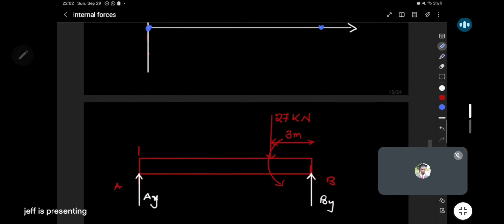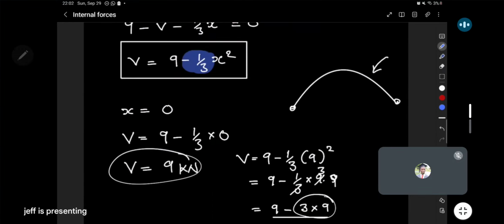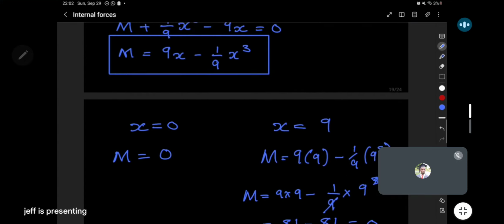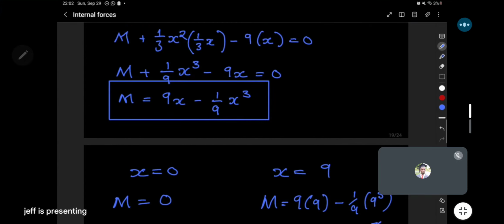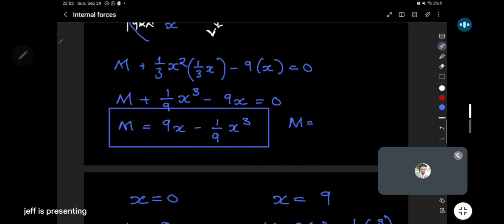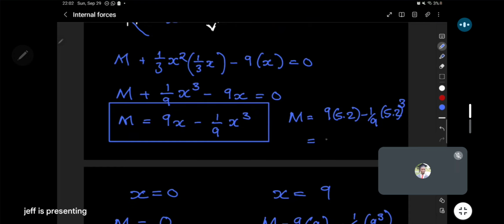The value of x there was 5.2. So what will be the bending moment when x is 5.2? We come to the expression for the bending moment and put 5.2 where there is x. This is going to be 9 times 5.2, minus 1 over 9, then 5.2 to the power 3. If you work this out, you get 31.2 as the bending moment.